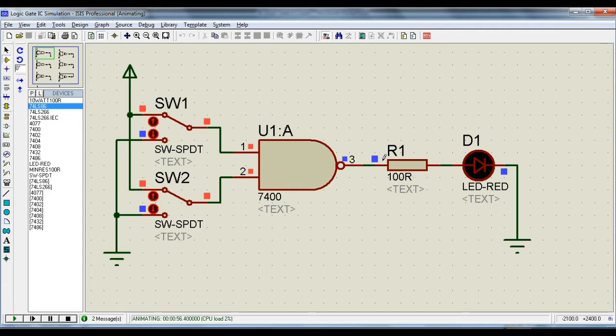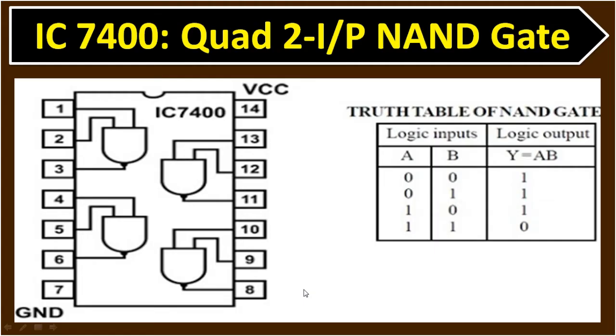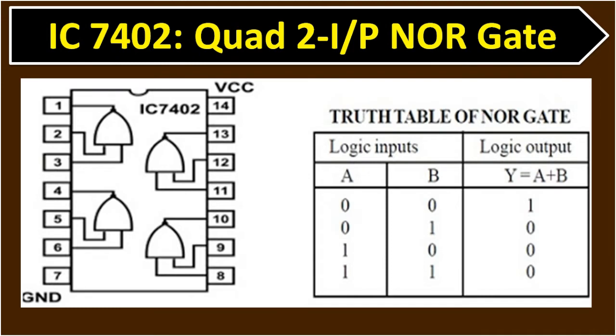Now let us see the next gate, that is 7402. It is the NOR gate. The NOR gate IC is also having 14 pins, but the pin diagram is quite different from 7400. All the NOR gates are facing towards the upward side.